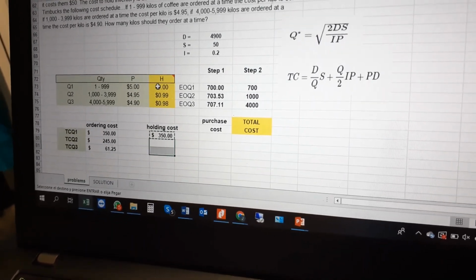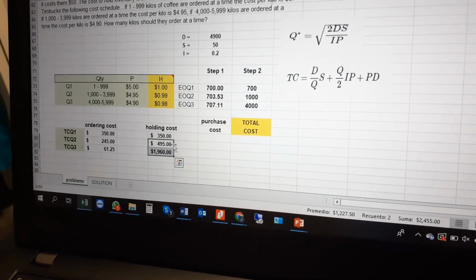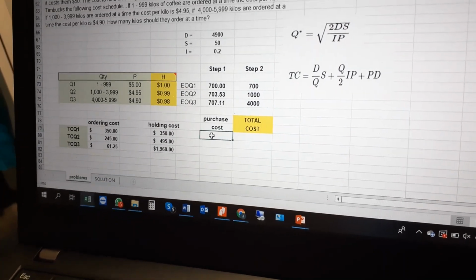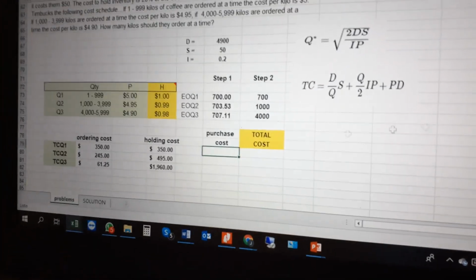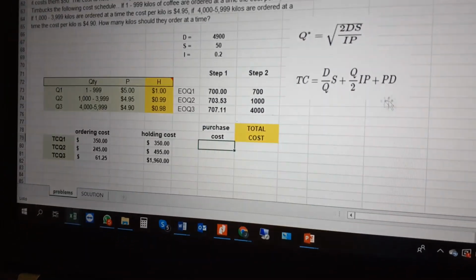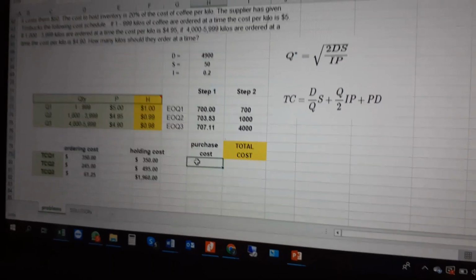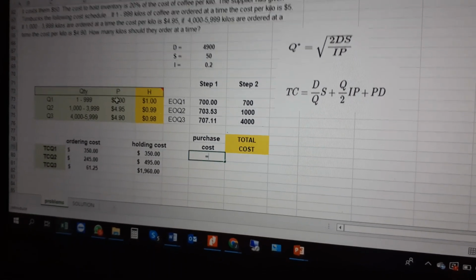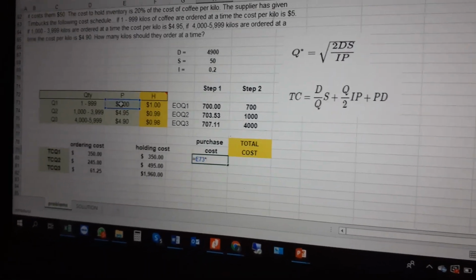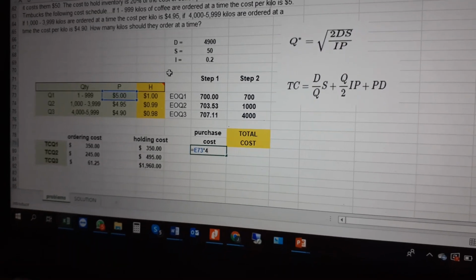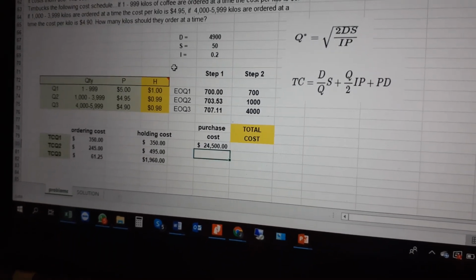And replicate the same calculation for the other scenarios. And the purchase cost is P, which is price, times D, which is demand. So price is this, and demand is 4,900.